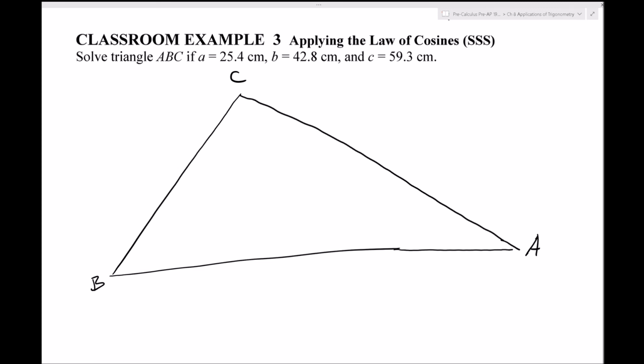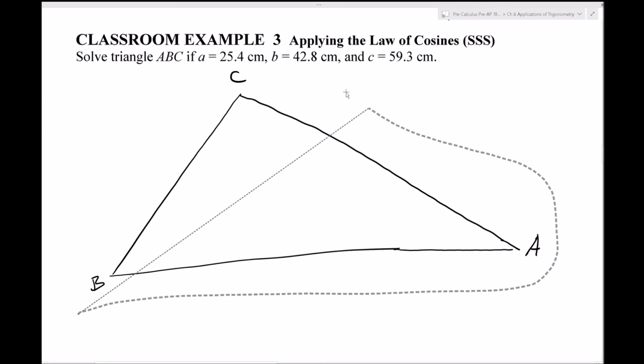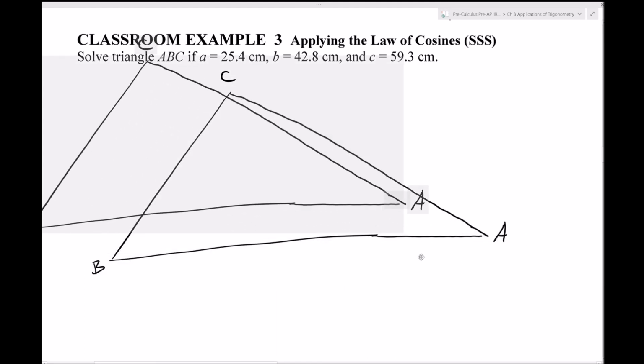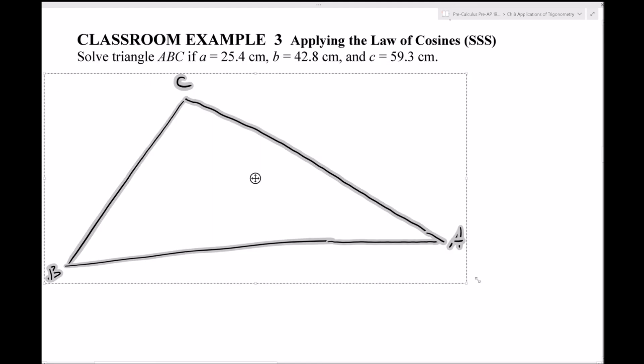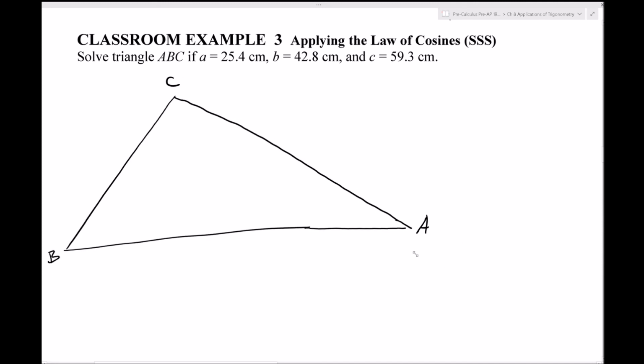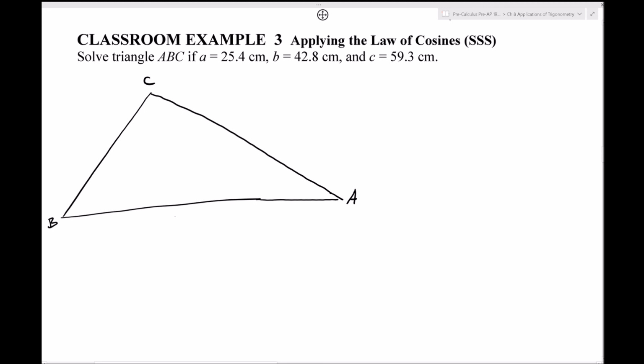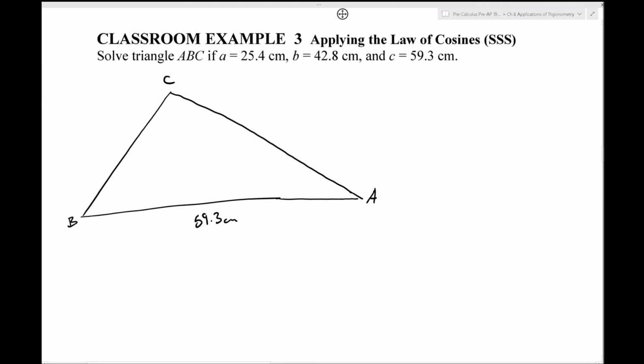Okay, and I drew that probably a little too big, so I don't have any room for the work. So I'll move this over here, and I've got to make that a little bit smaller. That should be good enough. So, big C, 59.3 centimeters, or little c, sorry. Little a, 25.4, little b, 42.8, and these are centimeters.